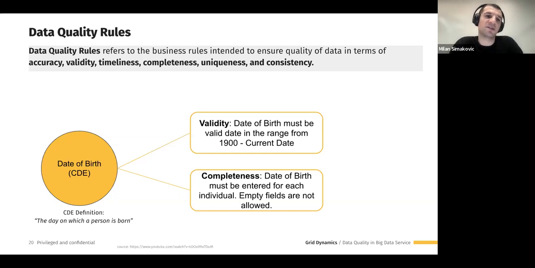In this particular example, date of birth, we define two different rules. One is related to the validity dimension, and it says the date of birth must be a valid date in a range from 1900 to the current date. The second one is related to completeness: the date of birth must be entered for each individual. That means that we don't allow empty fields.